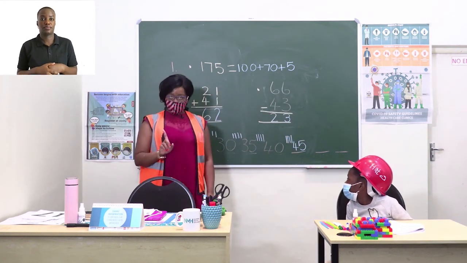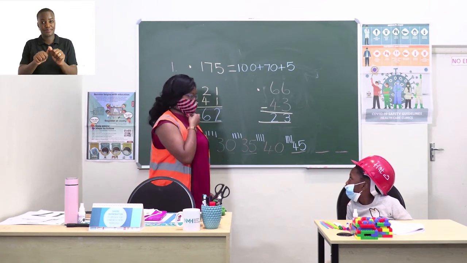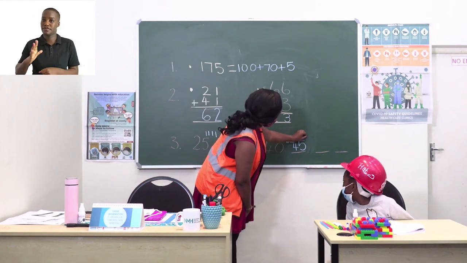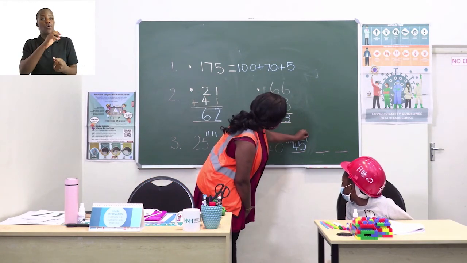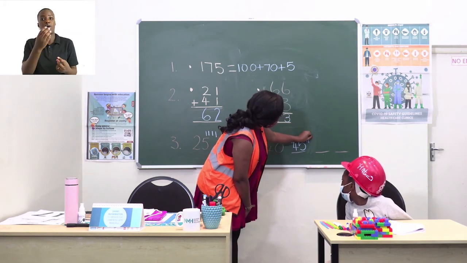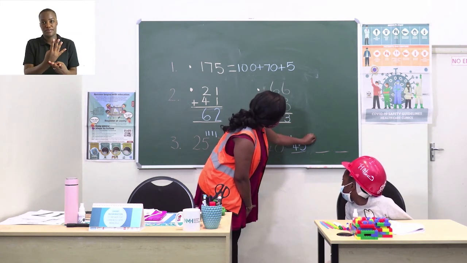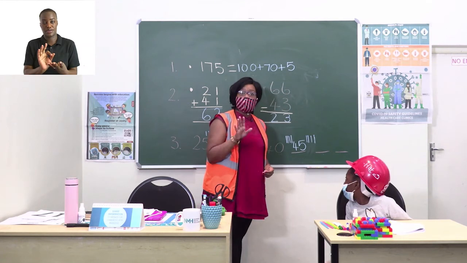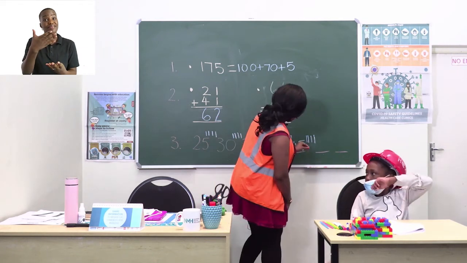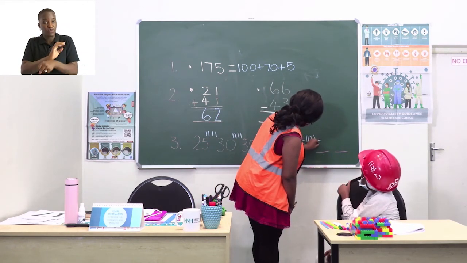And we're going to do the same again. From 45, we are counting on 46, 47, 48, 49, and remember we are writing the 5th number, which is 50.